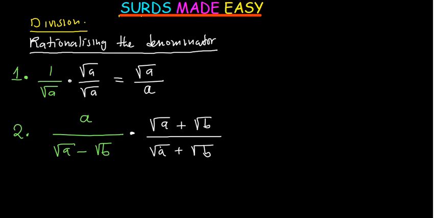And here what is going to happen is this. It will be a multiplied by this, so let me just write that as a open brackets root a plus root b. Now from secondary school, I think we did the difference of two squares. How can you factorize a squared minus b squared?